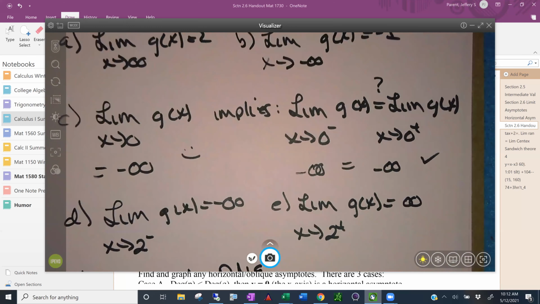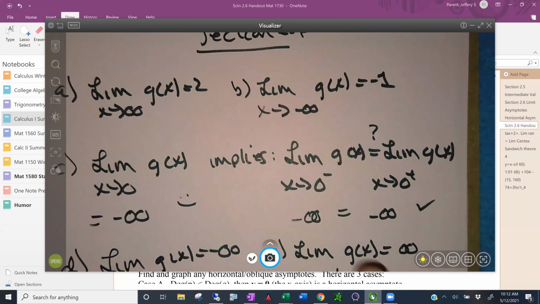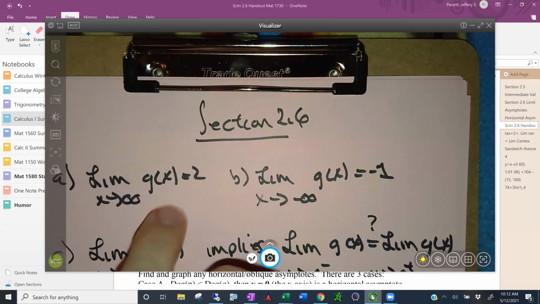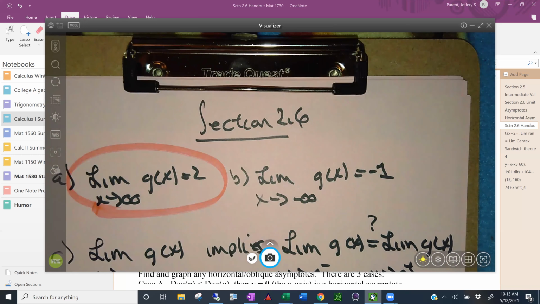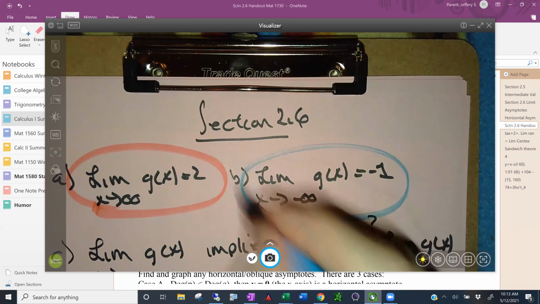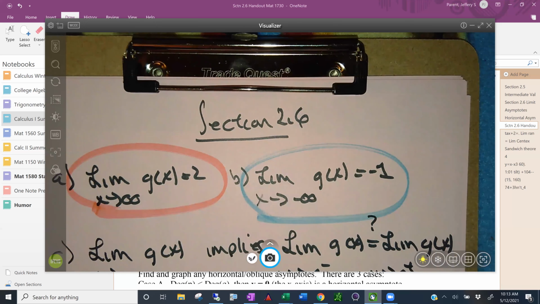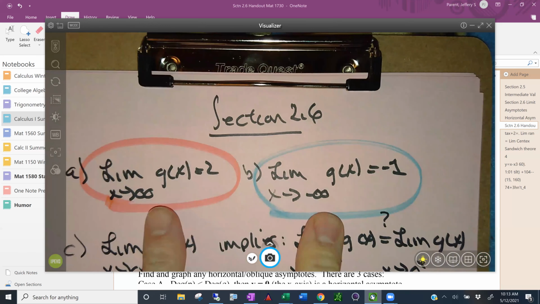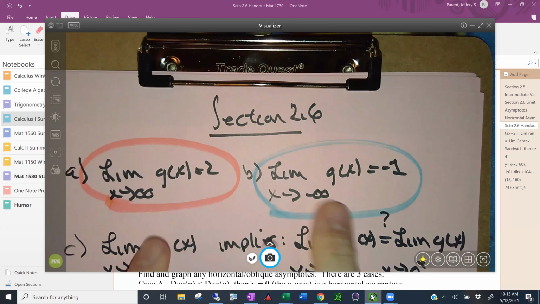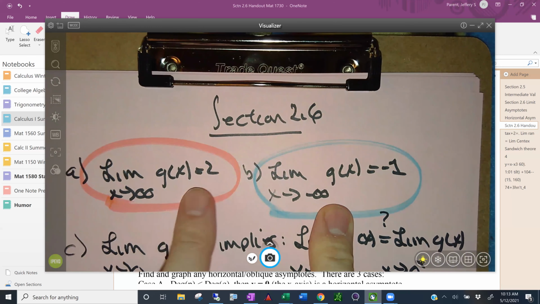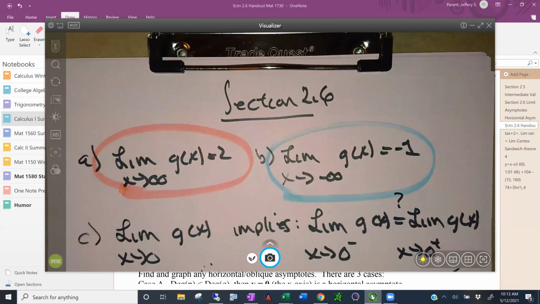Now let's look back at these first two limits, this one here and this one here. When you have some kind of a limit as x approaches infinity or x approaches negative infinity, these are going to be called horizontal asymptotes.